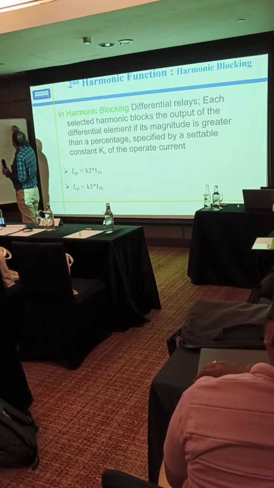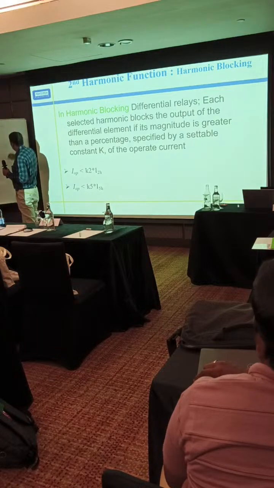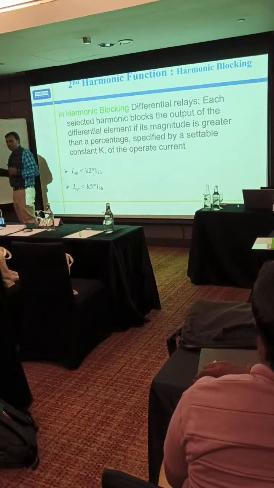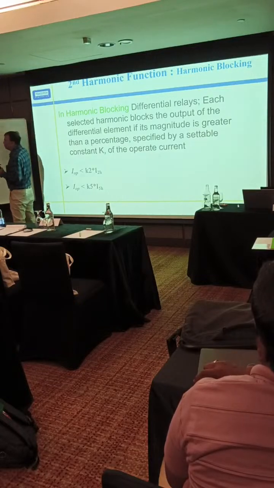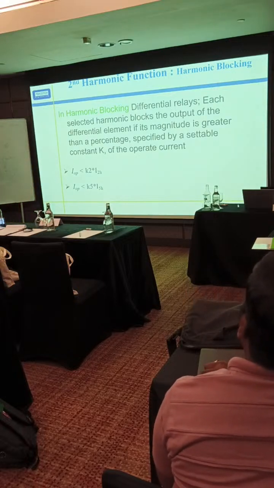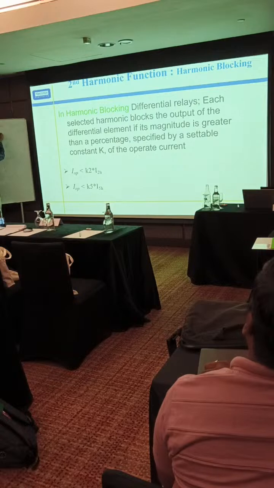Then the harmonic component will be 1 ampere at 100 hertz, correct? If you have a 60 hertz system, then 120 will be there. Okay. So we have a 3 current set.